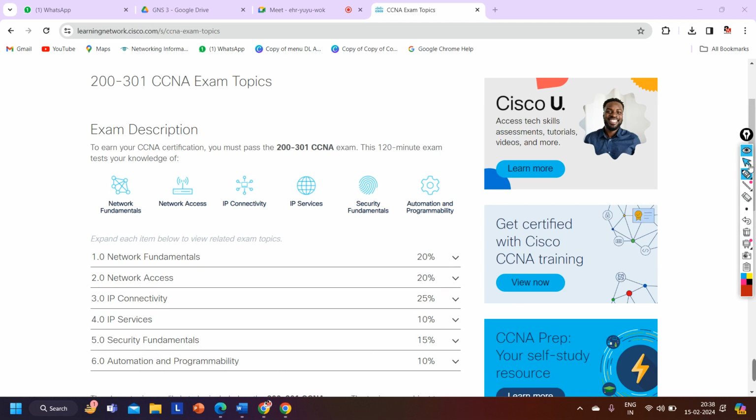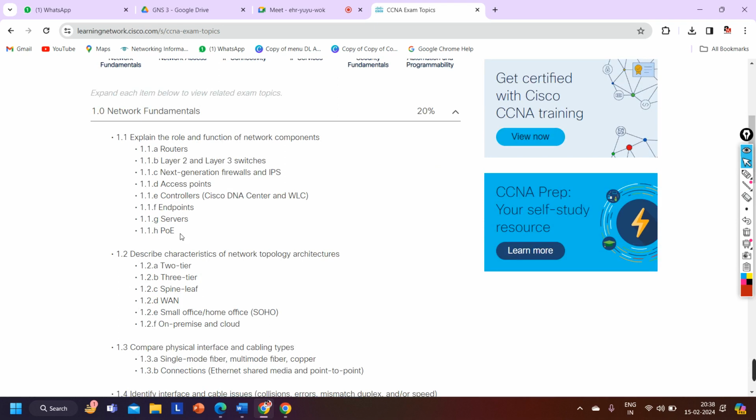Right? If you want to check the topics under each of these sections, simply expand it. Under network fundamentals, you need to learn devices like routers, layer 2 switch, layer 3 switch, next-generation firewall and IPS, access points, controllers like Cisco DNA Center and WLC. Then endpoints like your PC, laptop, servers, right?